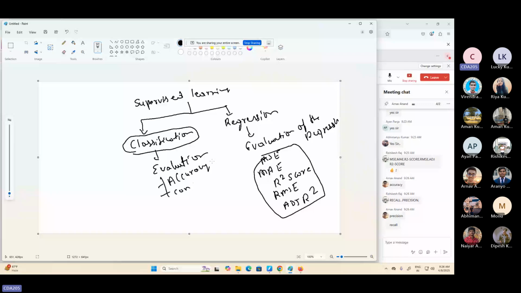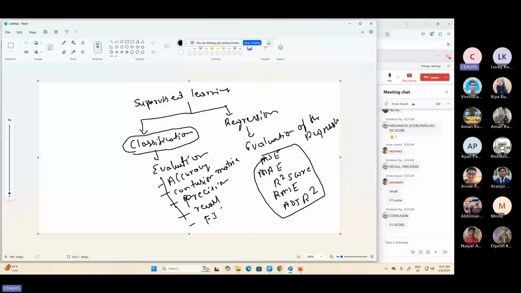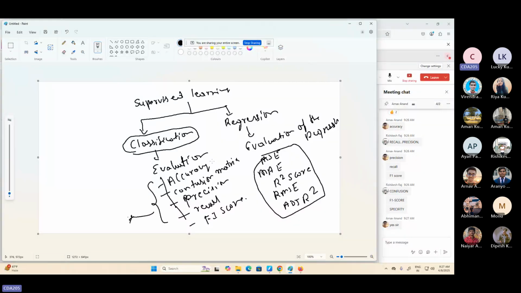From the confusion matrix only, the accuracy will come. Then precision, then recall, then the F1 score. We will see this in detail through numerical problems, how they will come for accuracy, confusion matrix, precision, and how we will solve them. So today we will cover this.